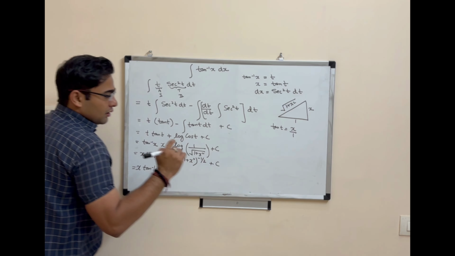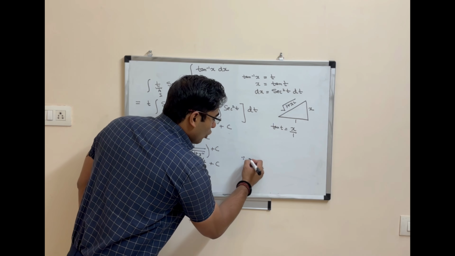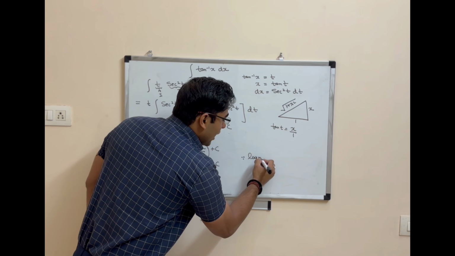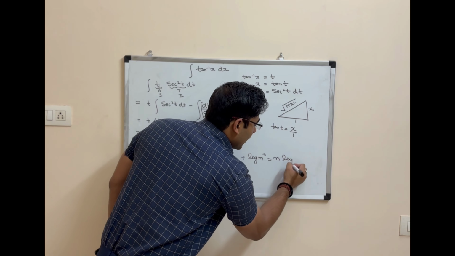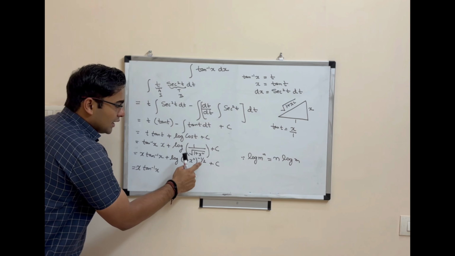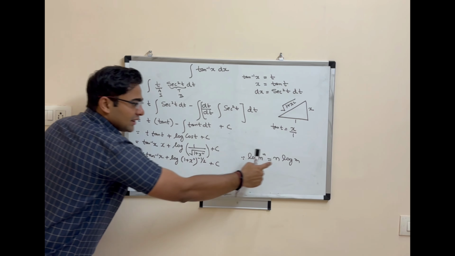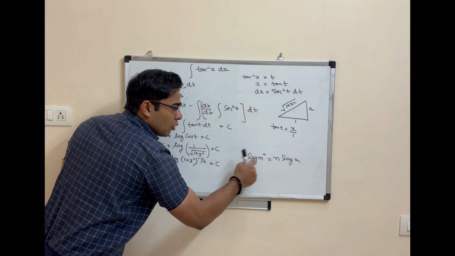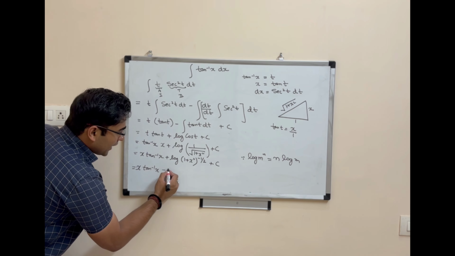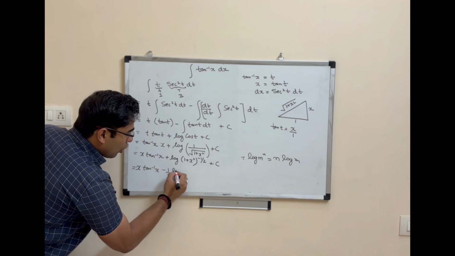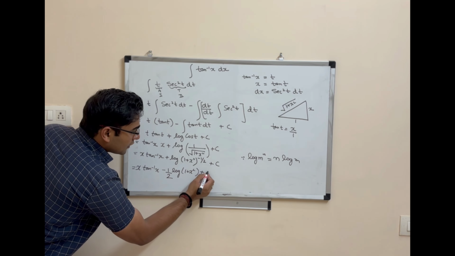To understand this step, we need a property of log: log m raised to the power n is nothing but n log m. So here the power is minus 1 by 2, so it comes out in the front. So it will be minus 1 by 2 log 1 plus x square plus c.